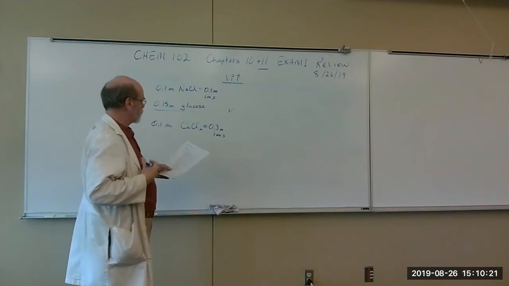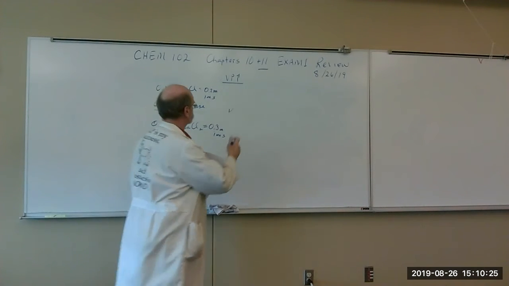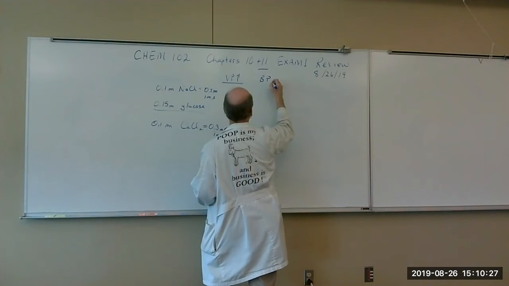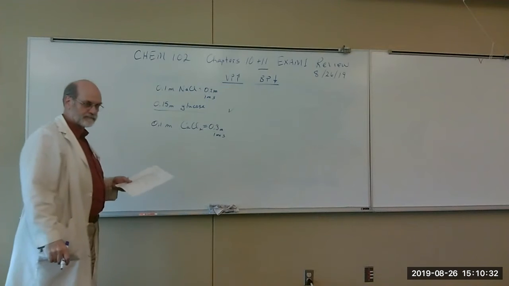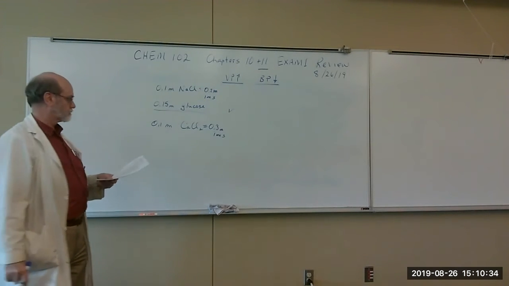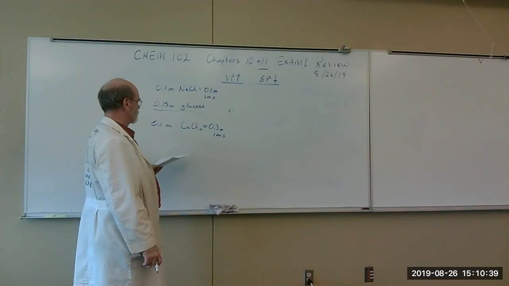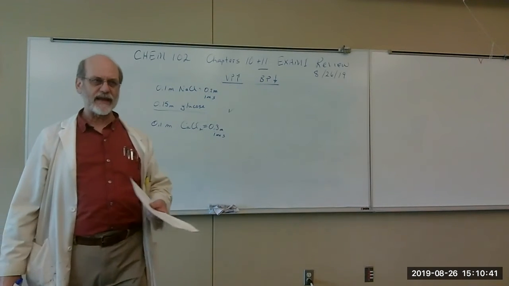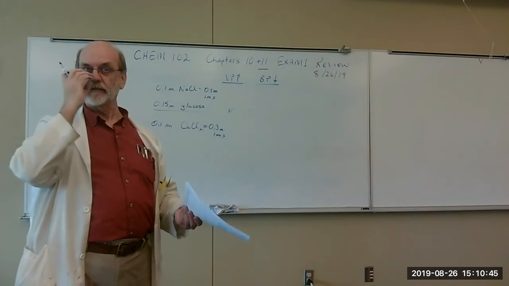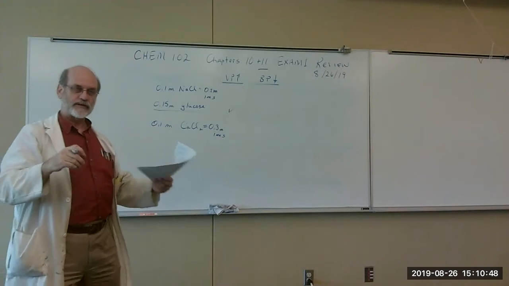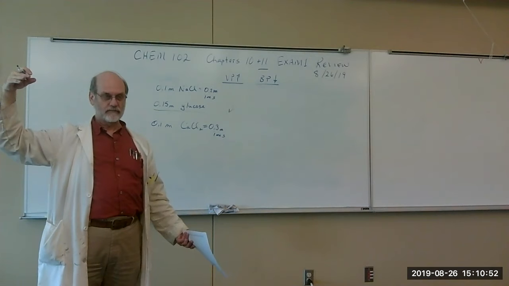Which one has the lowest boiling point? So how do we affect the boiling point by adding a solute? The more you add, the higher the boiling point. It's freezing point depression, boiling point elevation as you increase the amount of solute.